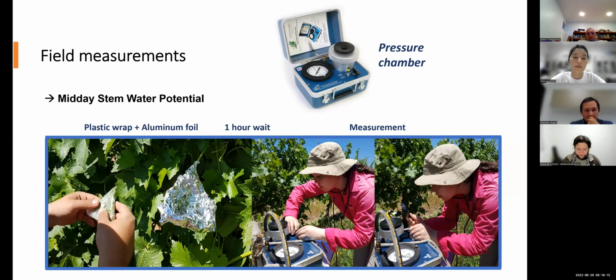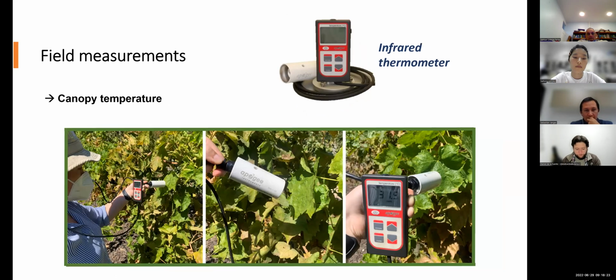And we have to let the leaf set for at least an hour before carrying out the measurement. And along with this measurement, we carried out canopy temperature measurements through an infrared thermometer, considering only the middle third of the canopy in order to avoid incorporating non-plant materials such as branches or bare soil.